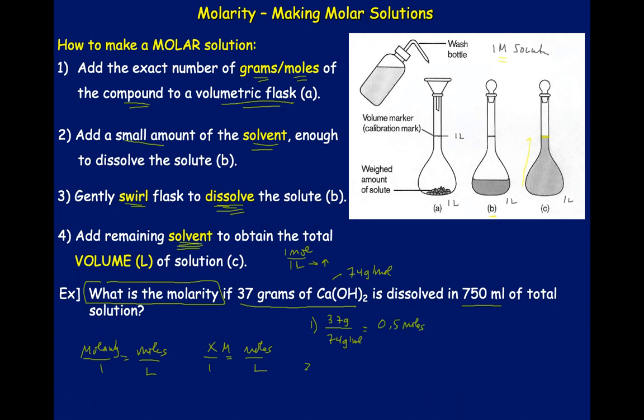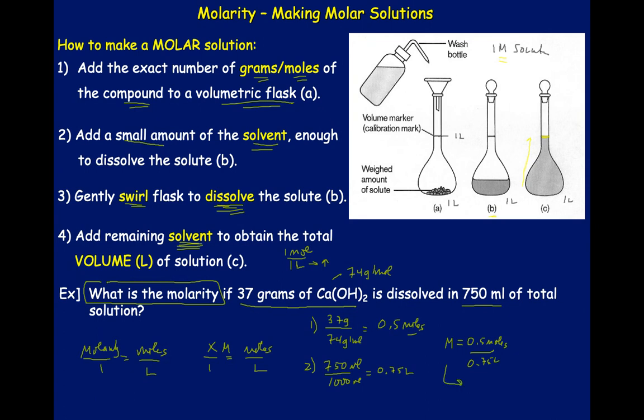Okay, and number 2, we were looking for liters. We don't have liters. So we're going to take 750 milliliters and divide it by 1,000 milliliters per liter. We're going to get 0.75 liters. Now that we're ready with those 2 numbers, we're ready to take the moles and the liters and put them in the equation. Molarity is going to be equal to 0.5 moles over 0.75 liters.